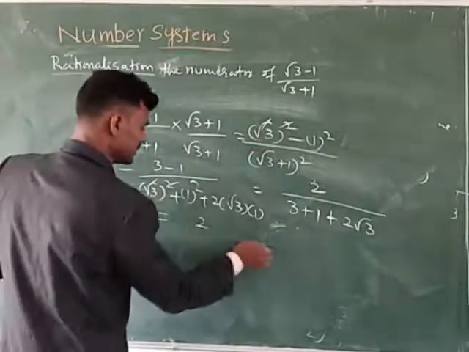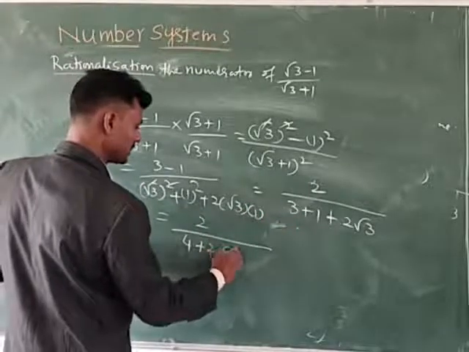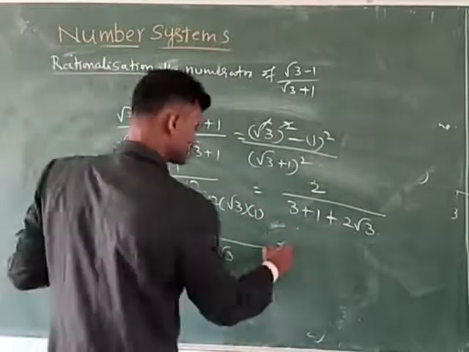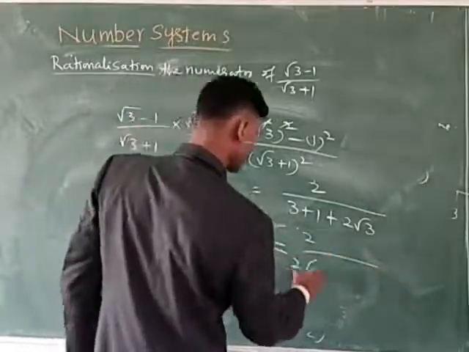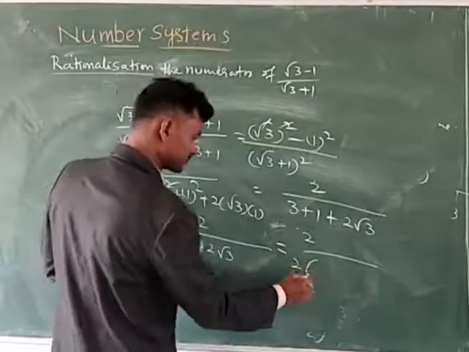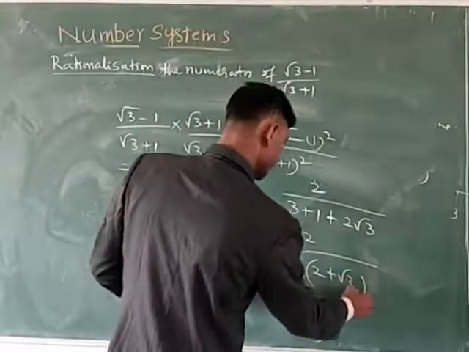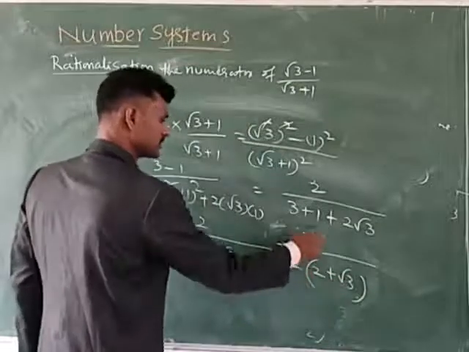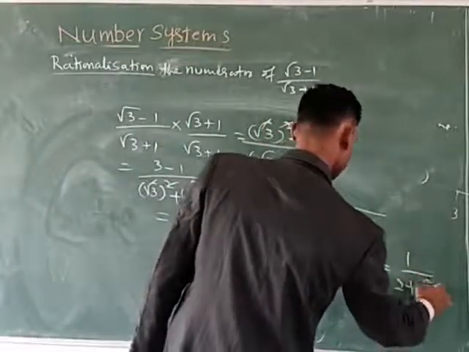Now 2 by 4 plus 2 root 3. Take 2 common in the denominator, 2 into (2 plus root 3). This 2 cancels. Answer is 1 by 2 plus root 3.